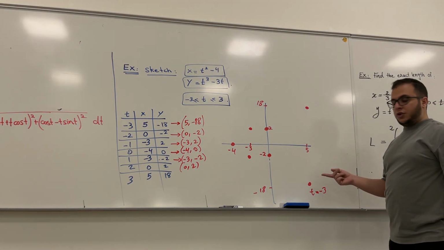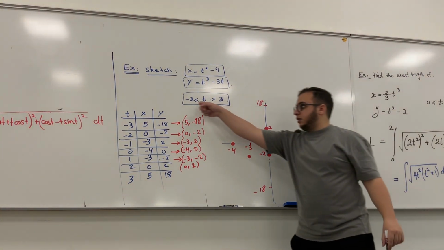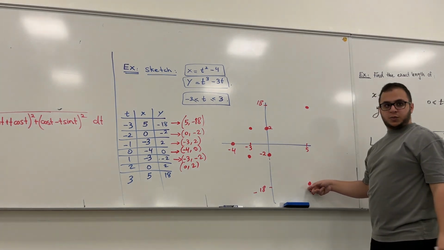How do you plot? You start from the first t. So t equal -3 corresponds to this point.